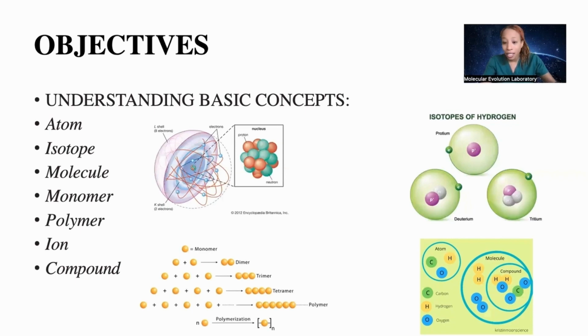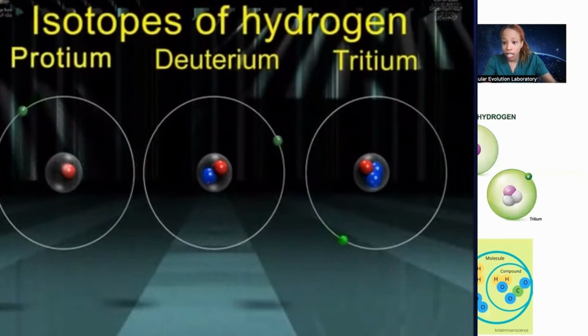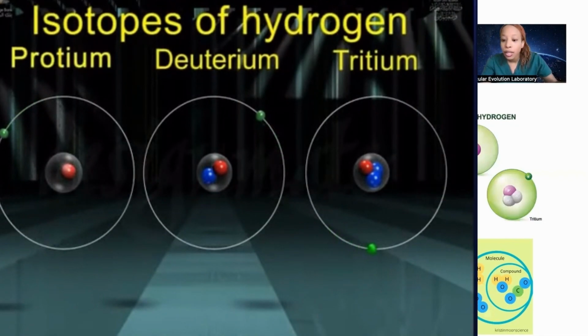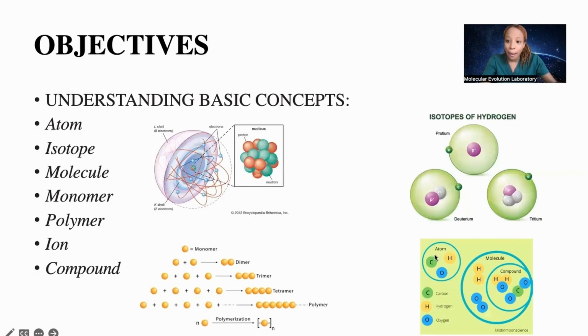We have different isotopes of hydrogen, such as protium, deuterium, tritium. The atom can be any element on the periodic table: carbon, hydrogen, oxygen. The molecule is 2 or more atoms joined together, while the compound is basically a combination of molecules that are bonded together.